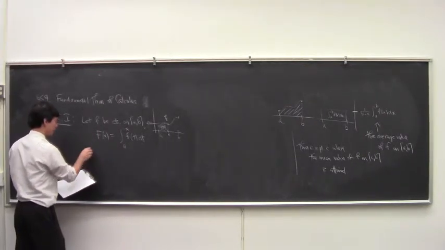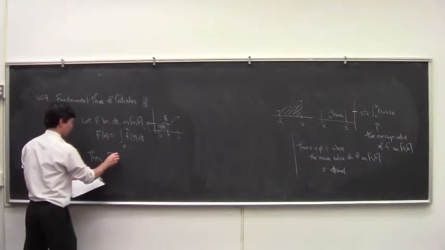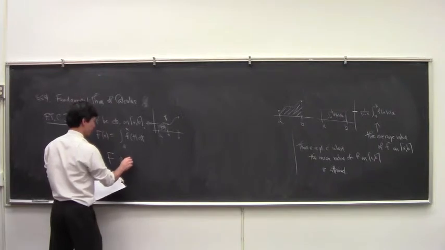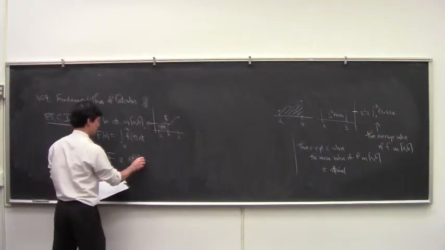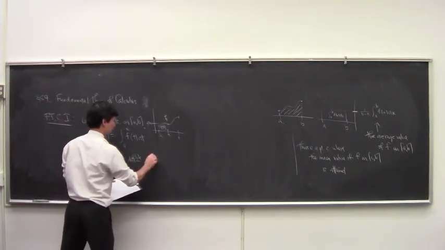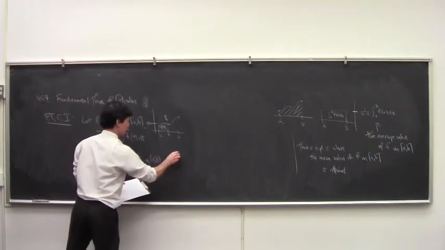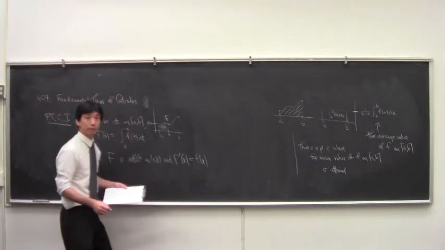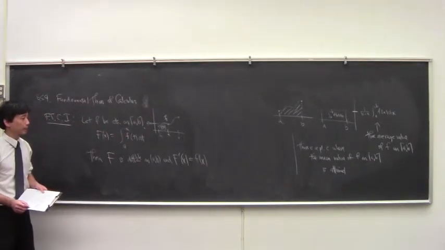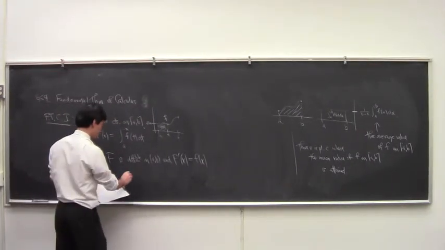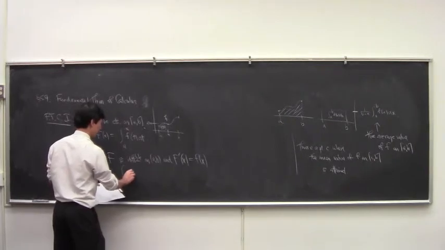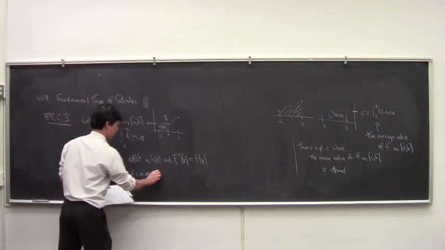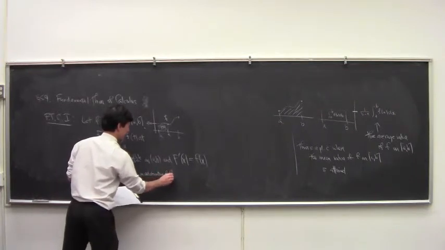Okay. So create this new function. Then capital F is a differentiable function on [a, b], and its derivative is little f. In other words, capital F is an antiderivative of little f.